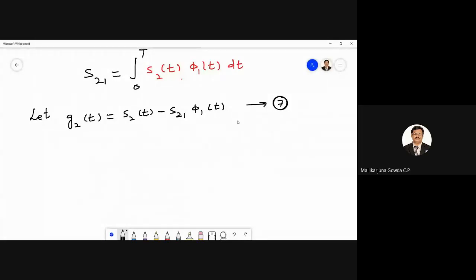Okay, and this signal, the intermediate signal G2 of t, is orthogonal to pi 1 of t over the interval 0 to t.